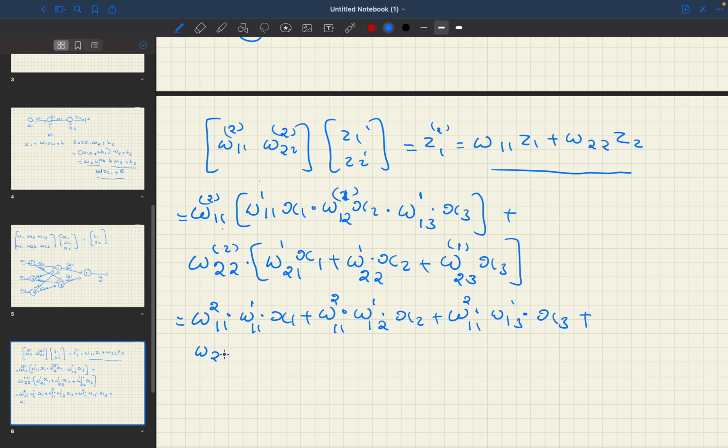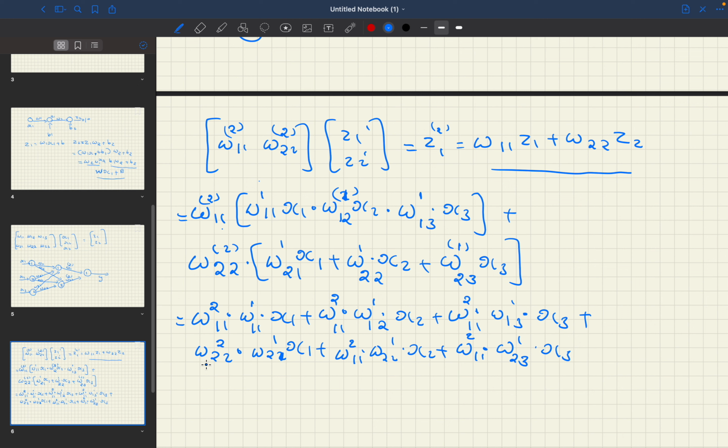It will be W22 layer 2 into W21 layer 1 into X1 plus W22 layer 2 into W22 layer 1 into X2 plus W22 layer 2 into W23 layer 1 into X3, right?